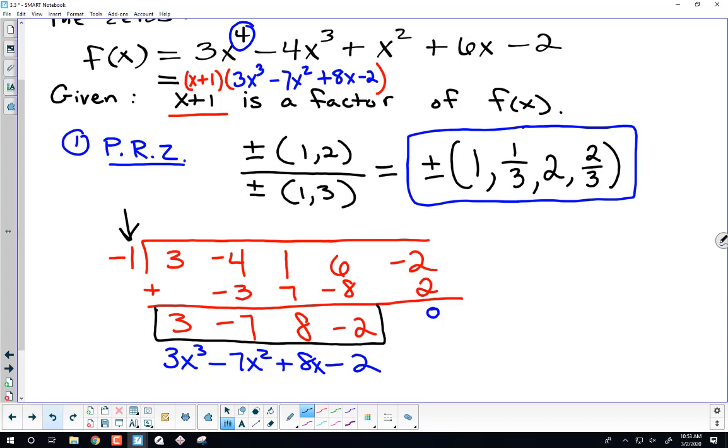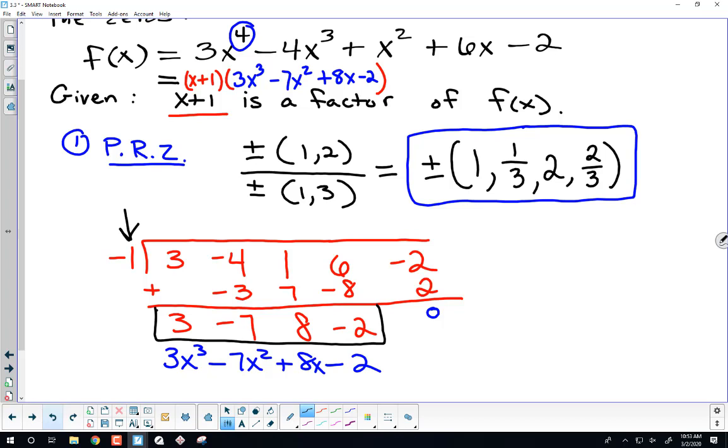Well, since you already know 1 is a possible factor, would you just skip that and move on? No, because we know -1 is a 0, when we're now factoring this 3x cubed, we wouldn't overlook that again, because it could be a factor as well. There's nothing that tells us if it's repeated.